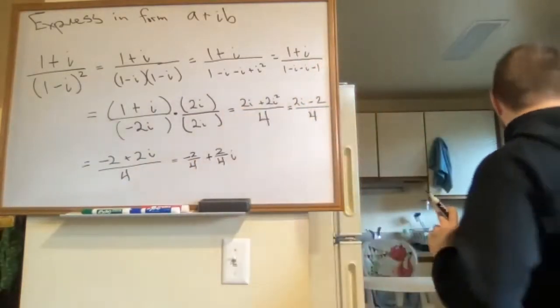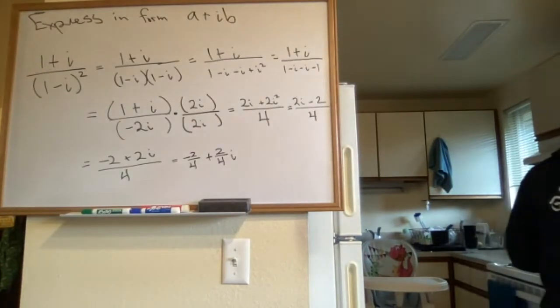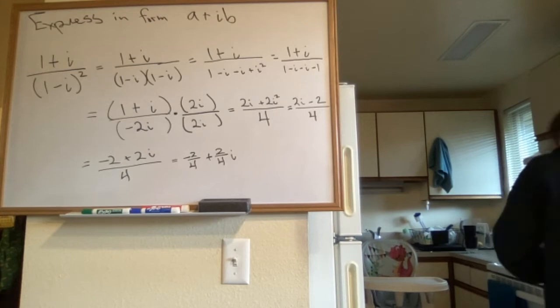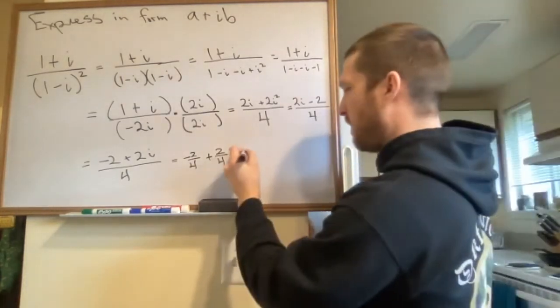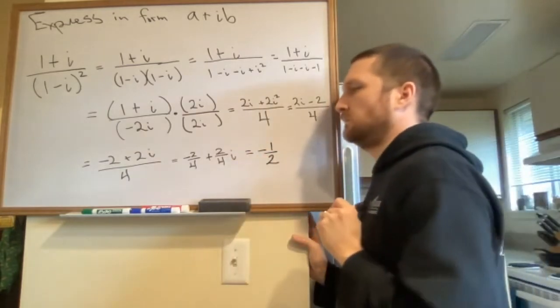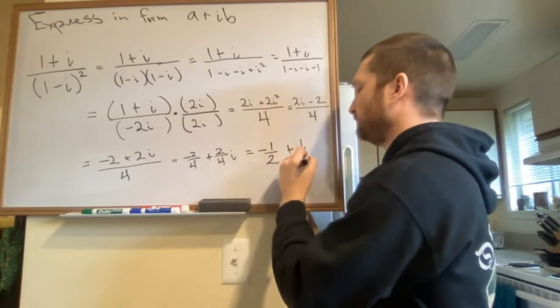Check me on that. Make sure I did that right. Which reduces to what? Negative 1/2 plus 1/2 i. There you go.